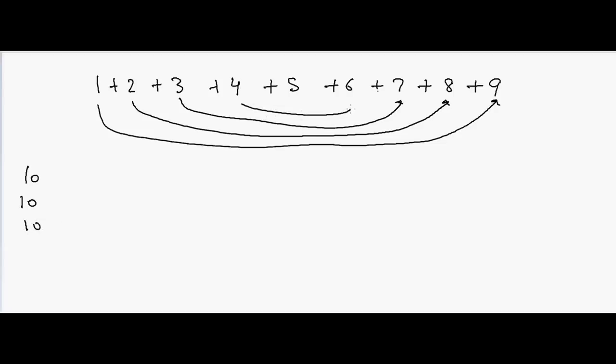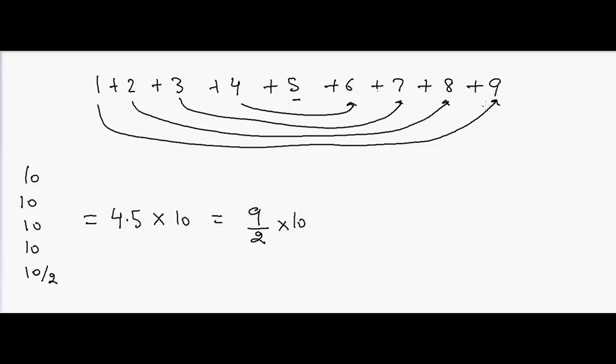Then 4 and 6, one more 10, and then we are left with a 5, which is half of a 10, so 10 divided by 2, you can say. In total we have 4.5 into 10, so 4 tens and half of a 10. Again, that will be equal to 9 divided by 2 into 10.